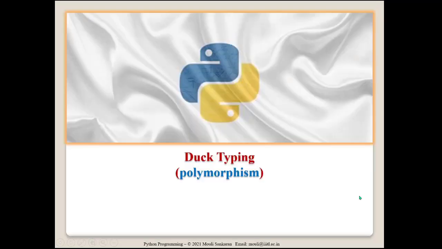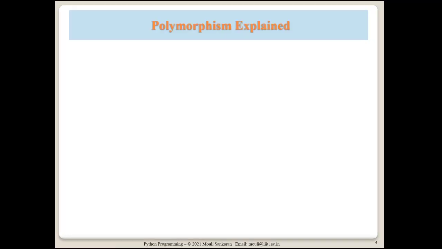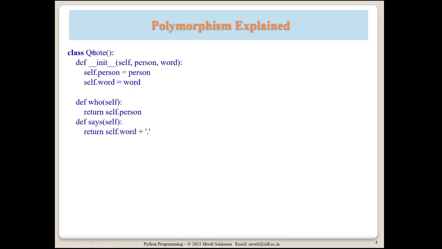Now, what is polymorphism? A simple example. Suppose we have a class which gives us a quote for whatever words we give, and we are giving a name. Actually, maybe I should have changed the naming to person and word.